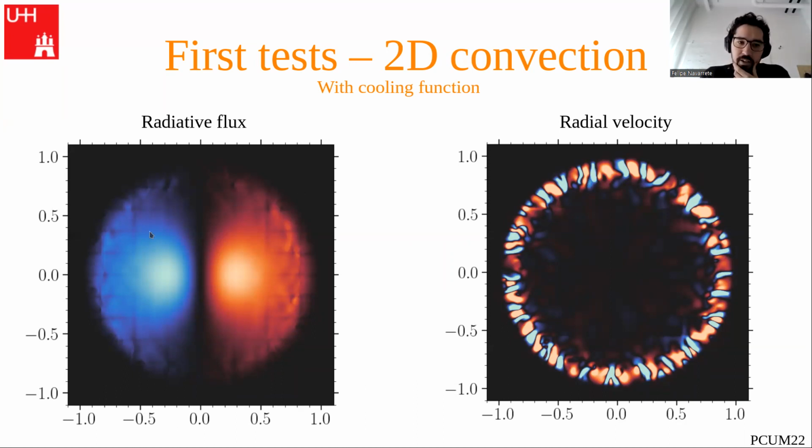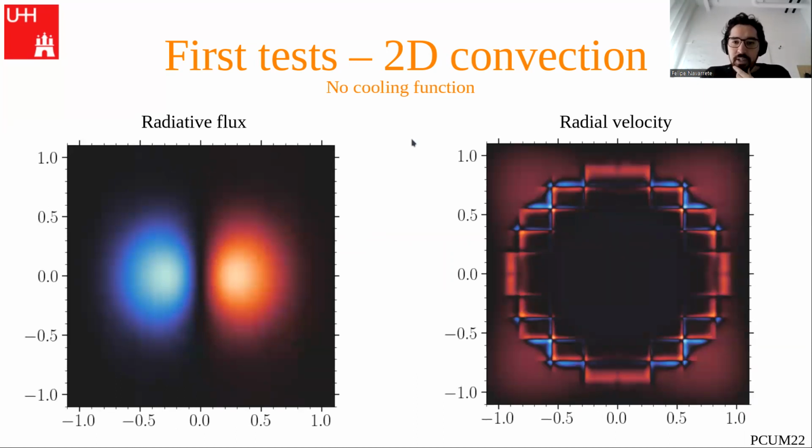But as you can see in the left panel, there are some structures that don't look right. Specifically, they are the same number as the processors in each direction, so 8 in the X direction and 12 in the Y direction in this case. You can already see that there is something wrong here, but this is most striking when one removes the cooling function.